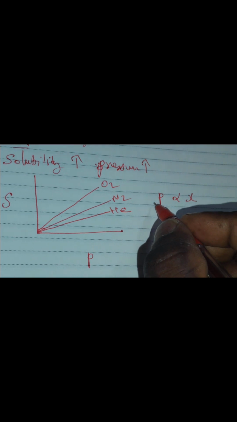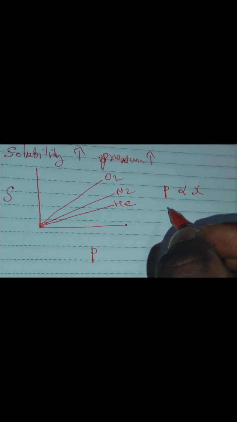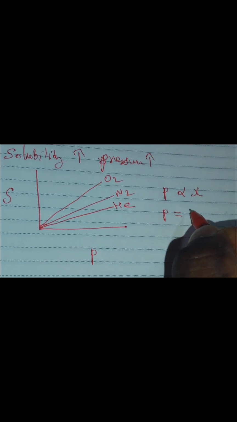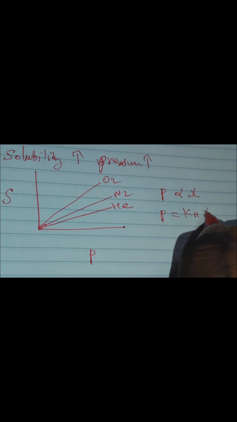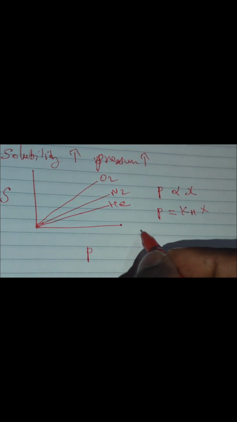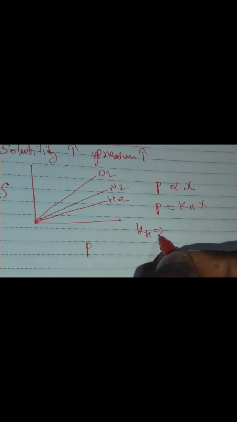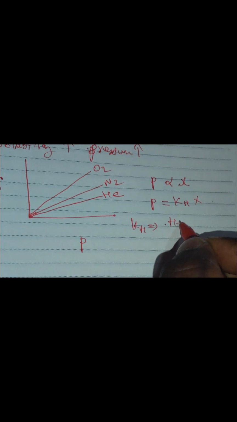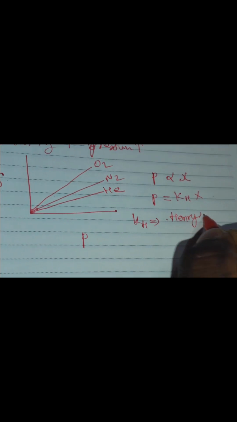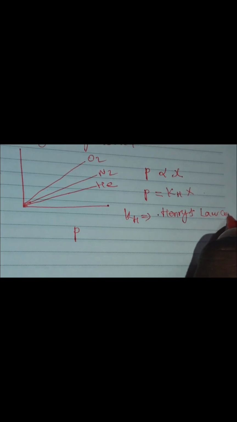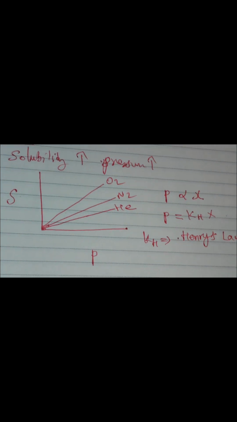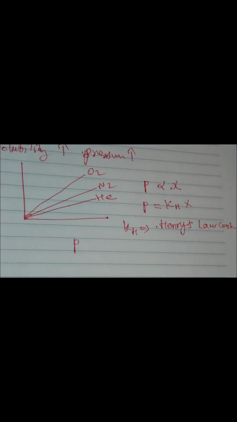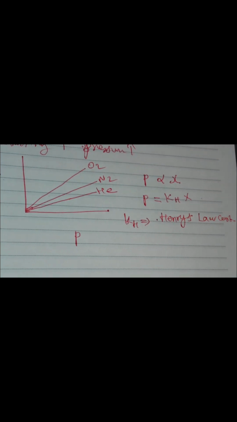Adding a proportionality constant, the pressure is equal to kH times x. Here kH is nothing but the Henry's law constant.